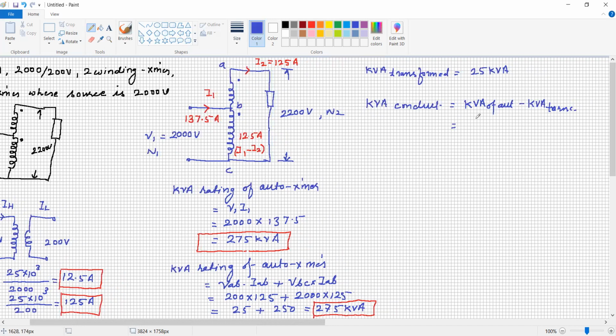So it is 275 minus 25, which is equal to 250 kVA. So this is the kVA conducted.